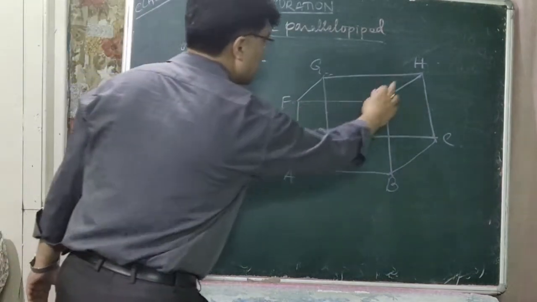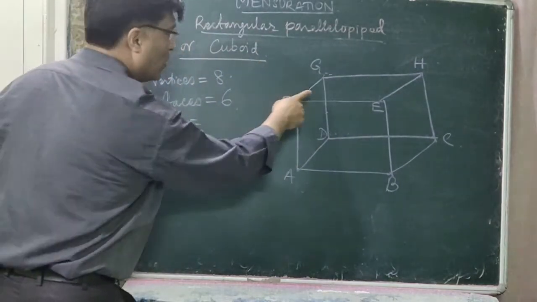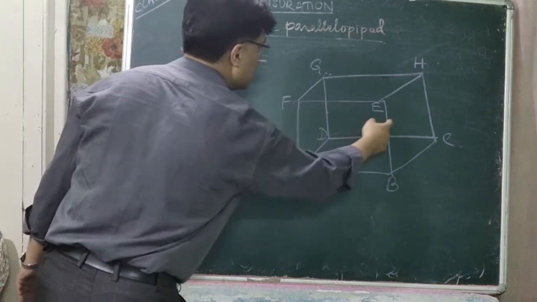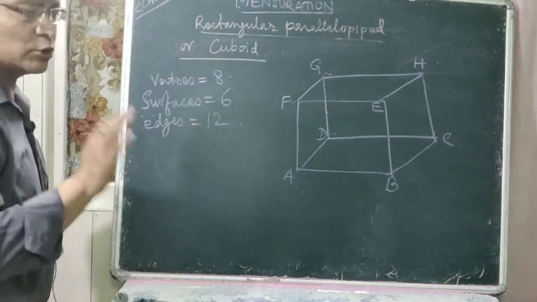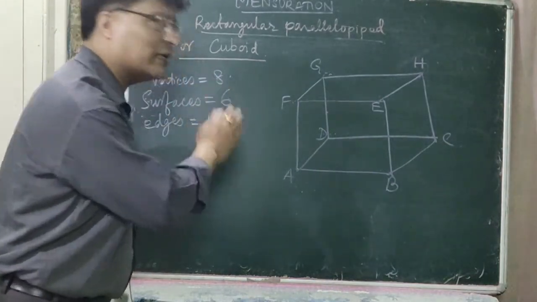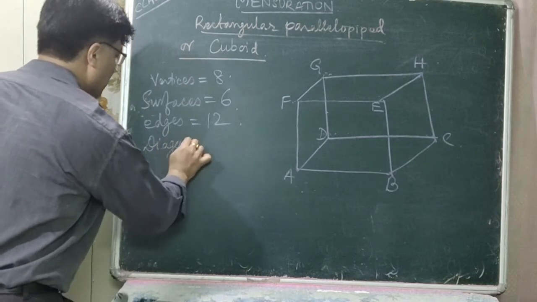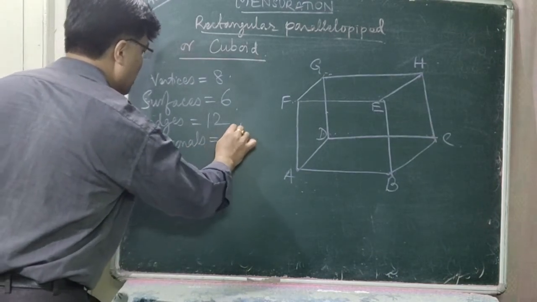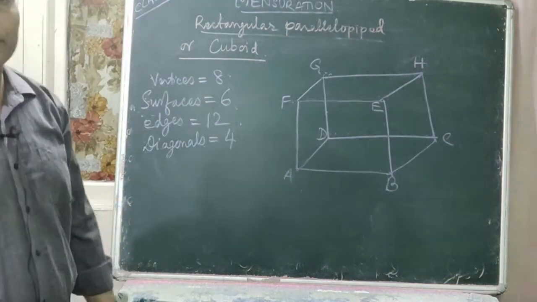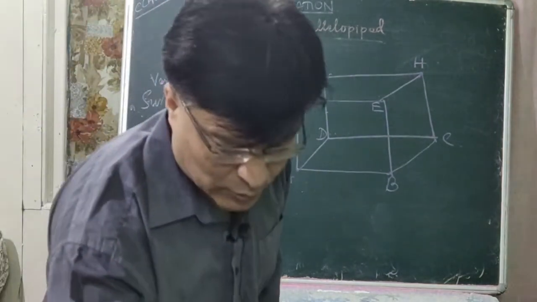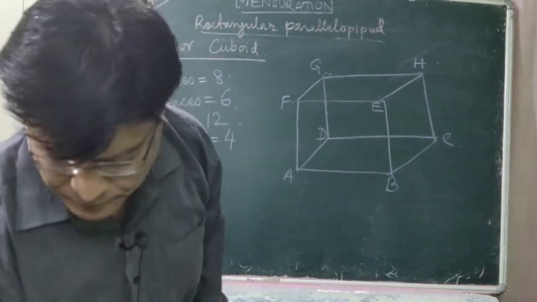Edges means lines. How many edges are here? 1, 2, 3, 4, 5, 6, 7, 8, 9, 10, 11, 12. 12 edges are there. So how many diagonals can you draw in a rectangular parallelepiped? Number of diagonals will be equal to 4. So I think you have understood it. So I think you know the diagram of a rectangular parallelepiped. Okay.